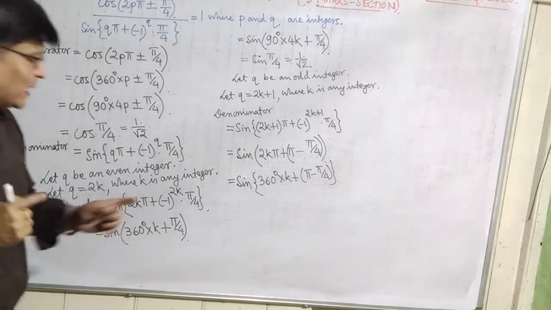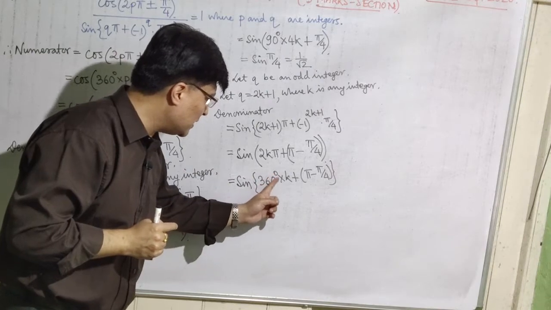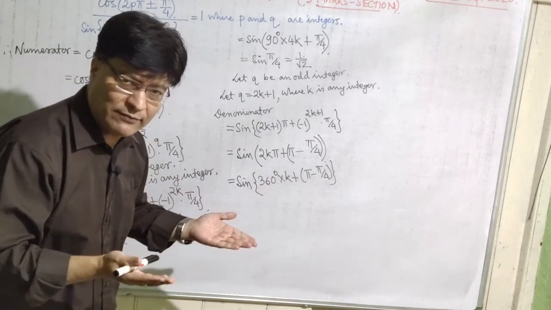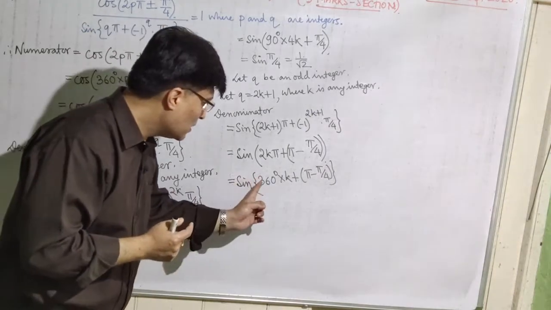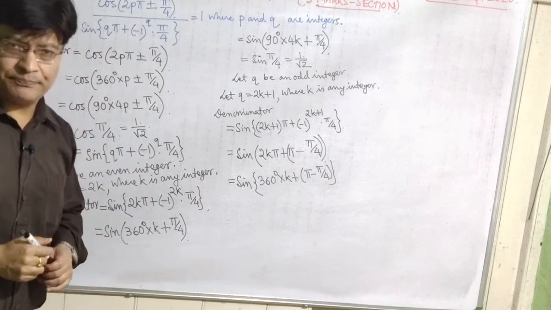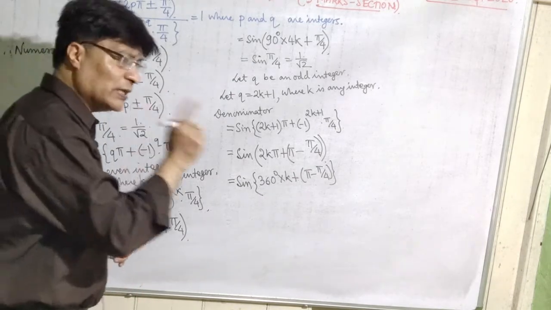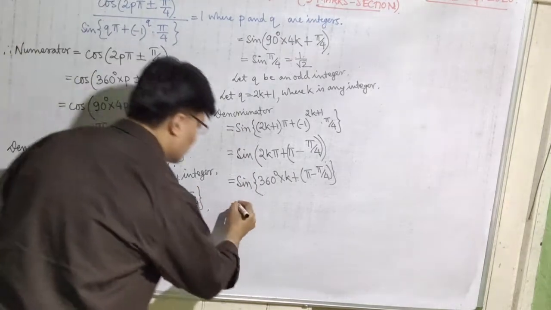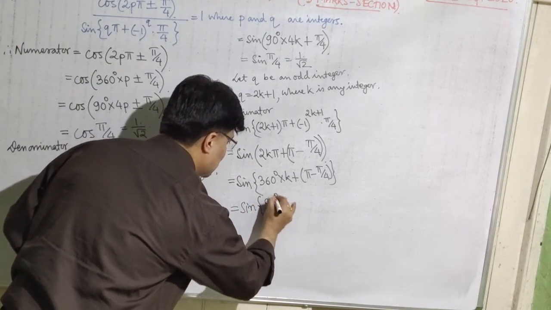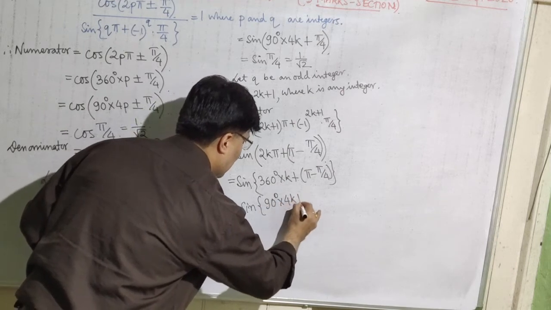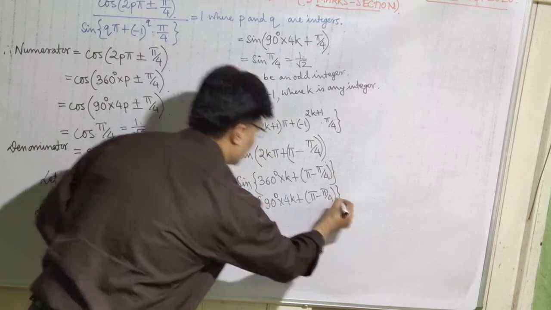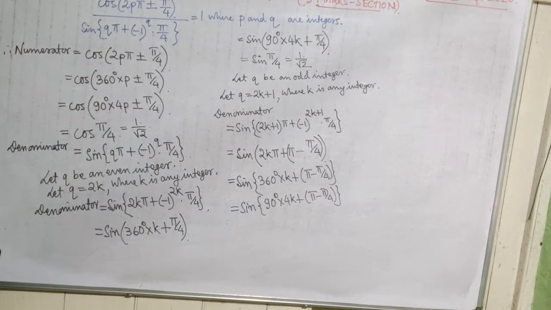Now you know that 360 degree into k, whatever may be the value for k, whether it is any even integer or odd integer, 360 degree into k plus theta always lies in the first quadrant. Okay, so in the first quadrant sine is always positive, you know that, right? So sine, you can write it here as 90 degree into 4k plus pi minus pi by 4. So I think you have understood it.